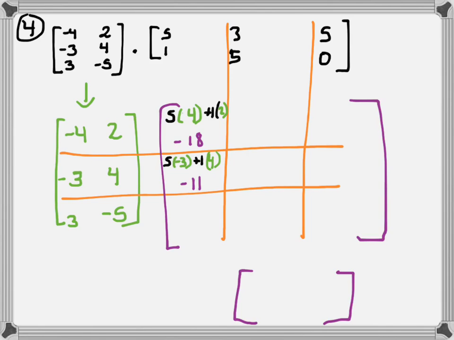Next one, 5 times positive 3 plus 1 times negative 5 gives us a positive 10.